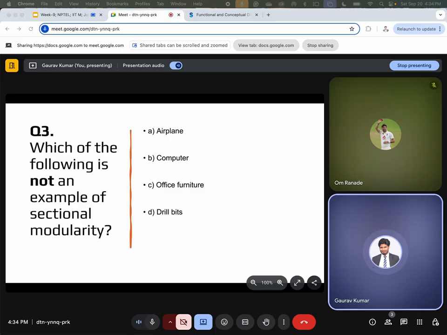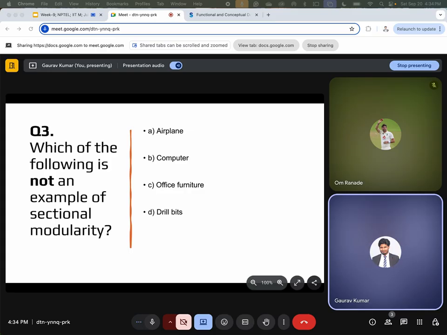Airplanes, however, do not fit this category, because airplanes demand a highly integrated design for safety, aerodynamics, and performance. Each section is deeply interdependent on others, and replacing or interchanging sections is impractical and unsafe.